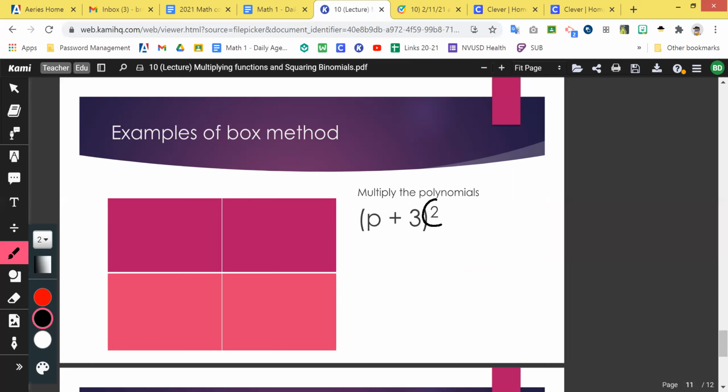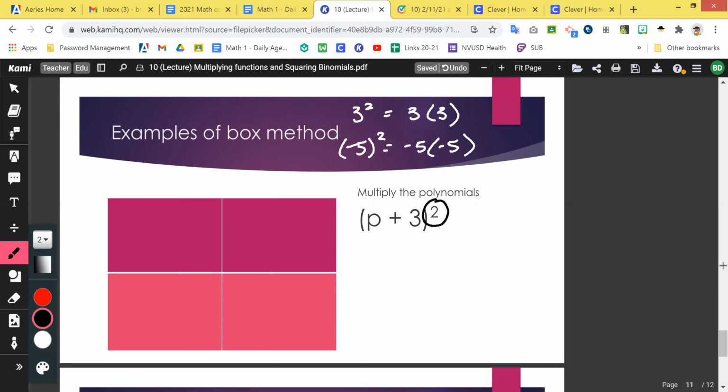What does this exponent mean in terms of multiplication? So you just think back to what 3 squared means, right? That means 3 times 3. Okay, we have negative 5 squared, and that means negative 5 times negative 5. So essentially what a square means is you just multiply the number by itself.